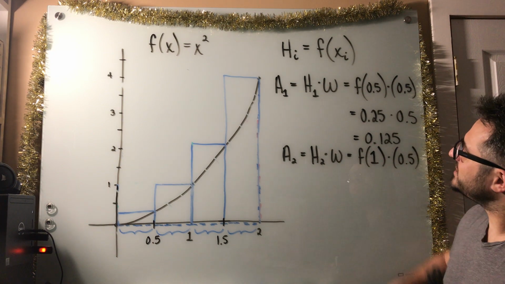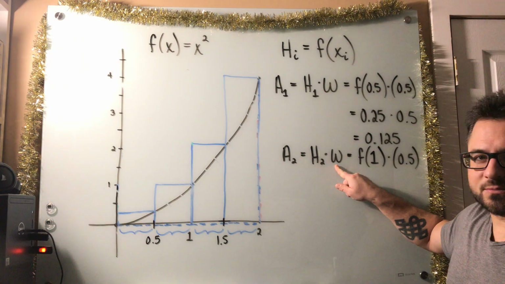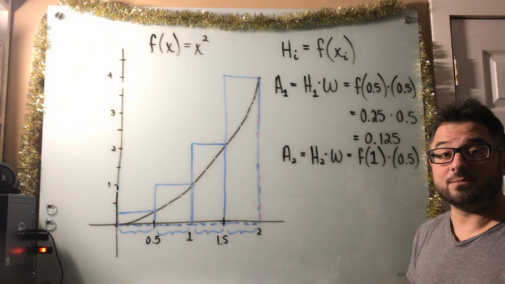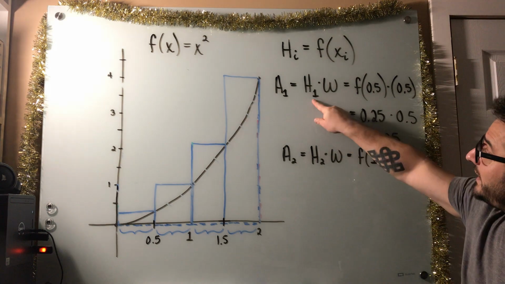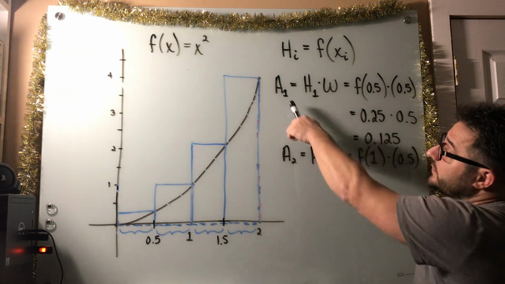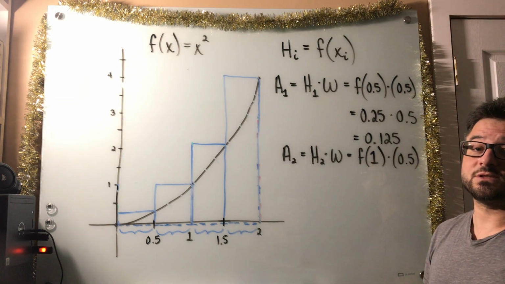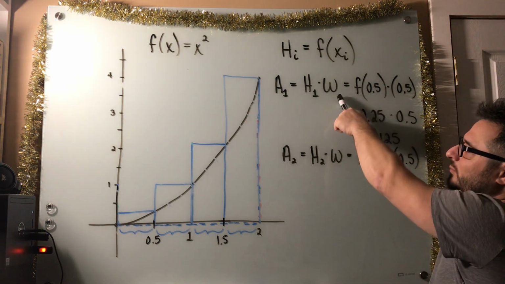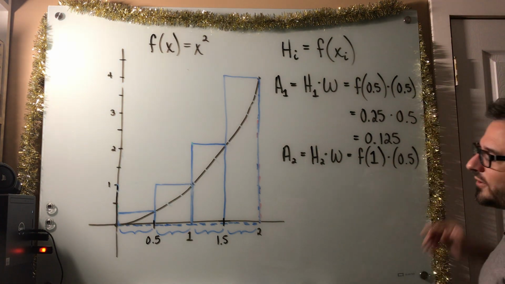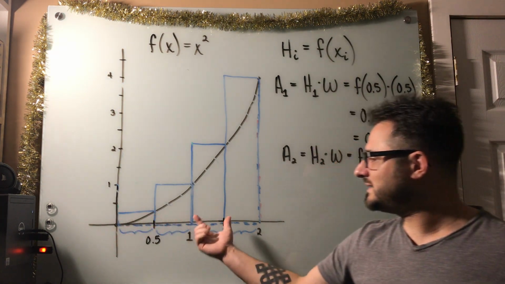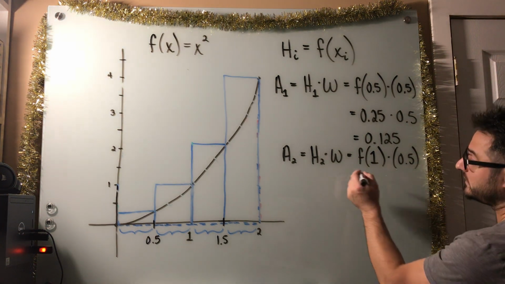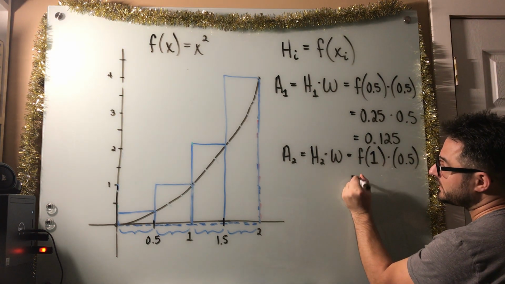You may have noticed actually that the widths don't have subscripts on them. I don't have w sub 1 or w sub 2. I don't need subscripts on them. I do for the heights, because the heights are different for each rectangle. I do for the areas, because the areas are different for each rectangle. But the widths are the same. And that's the advantage of always using equally sized subintervals. One advantage. We'll see another as we progress with this.